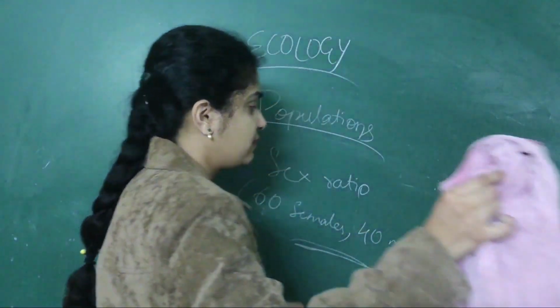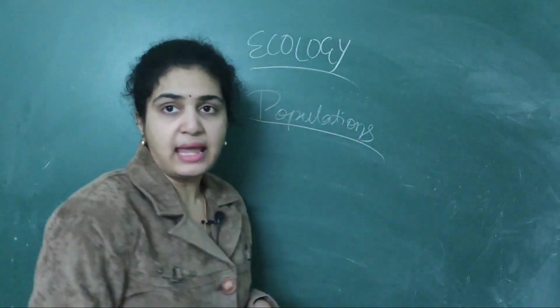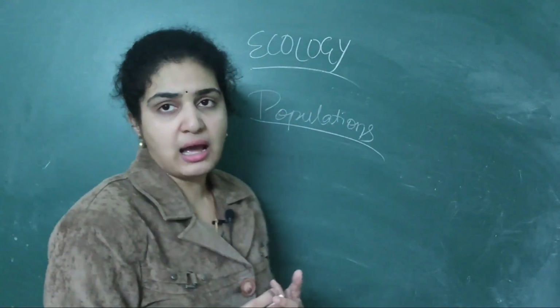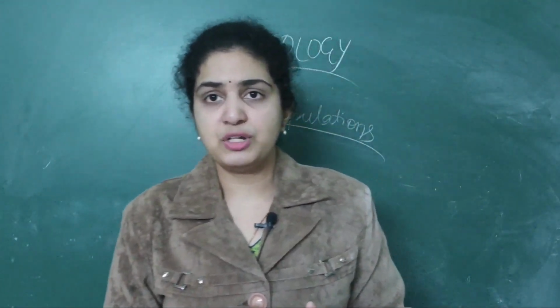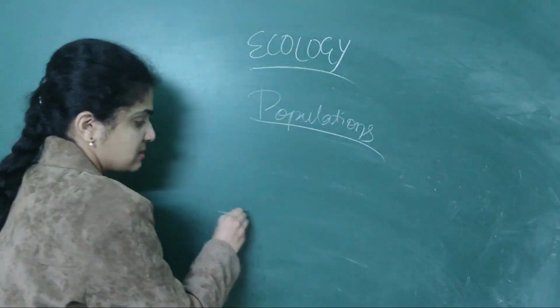Next, we will see what age pyramids are. There are usually three types of graphs, or three types of representations, which we show related to population.